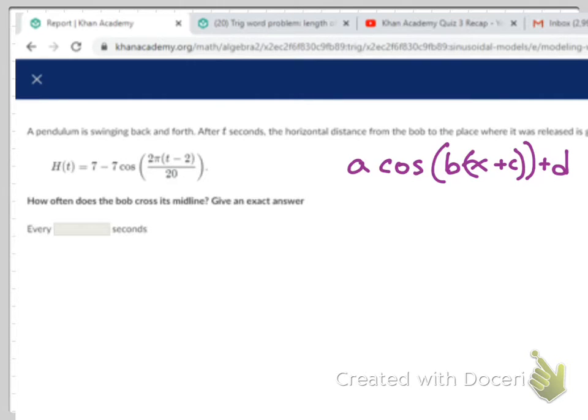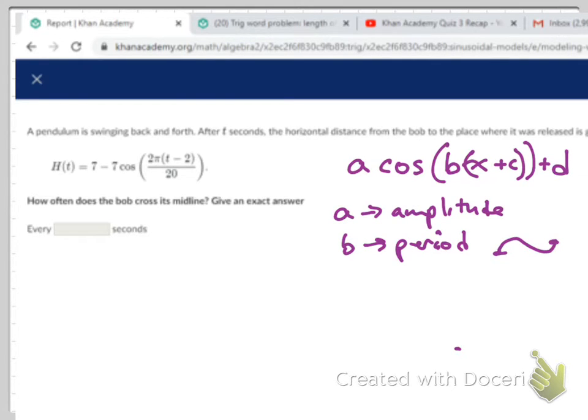They're pretty quick. If you haven't, go check them out. And then B will do my horizontal stretches or shrinks, which affects the period. So A affects the amplitude. B affects the period, which is how long it takes for the graph to repeat itself like this, right?